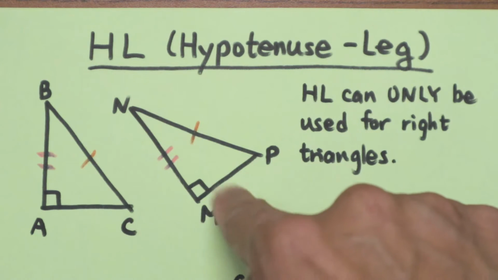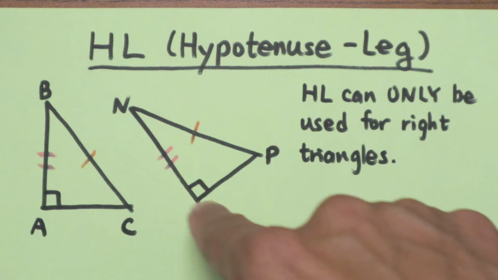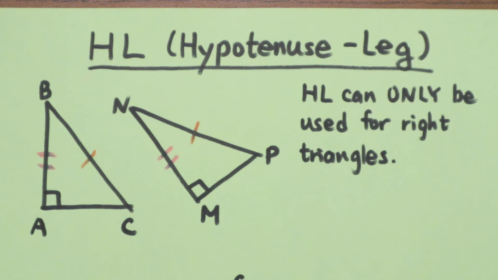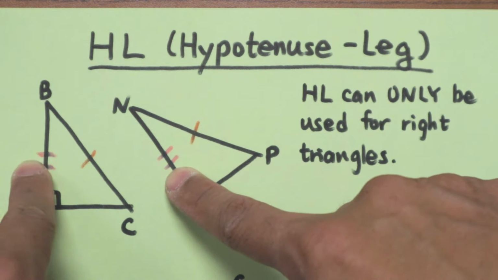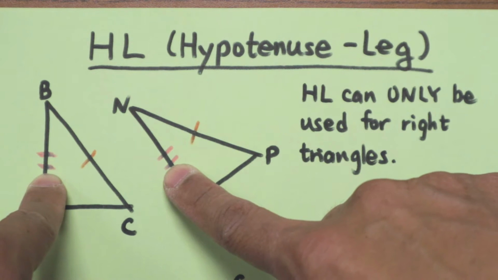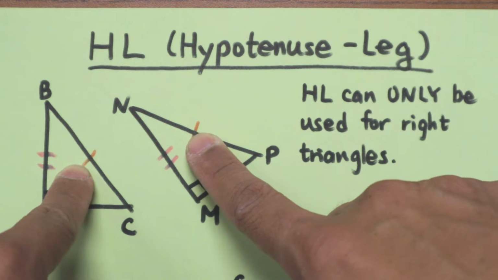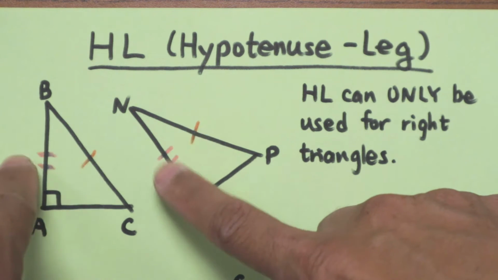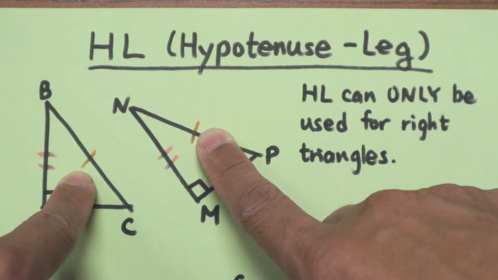It says that if you have two triangles and they must be right triangles, that means that I should see a box or 90-degree angle marks in both triangles. So in two triangles, if their pair of legs, doesn't matter which one of them, have the same length, as well as the hypotenuse also having the same length, then it's good enough for us to say that these two triangles are congruent.